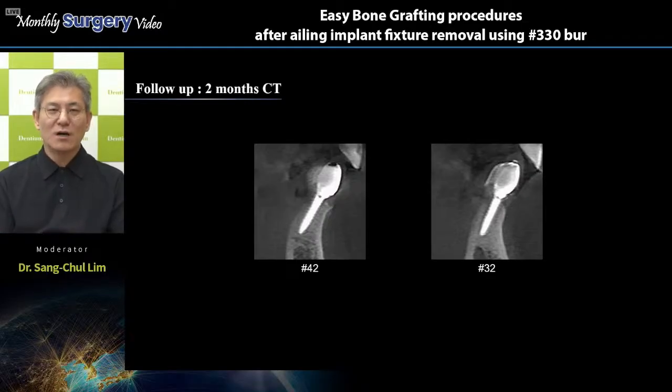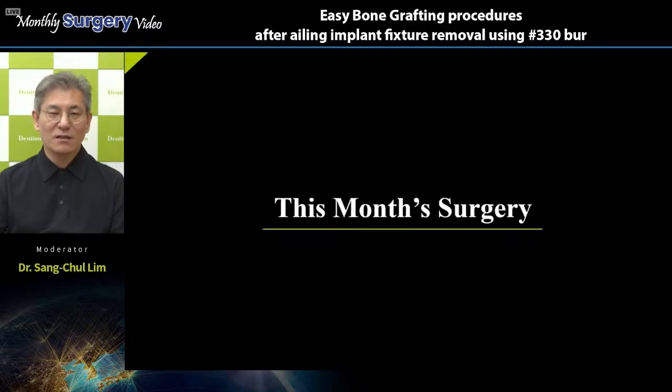However, if you choose the Bright TR system, then we can use 2.5, even 2.0 and 3.0. That is the main key factor, the lesson from the previous surgical procedures.